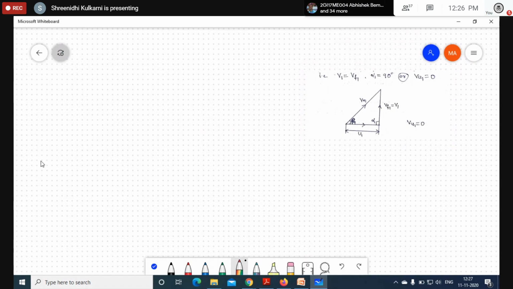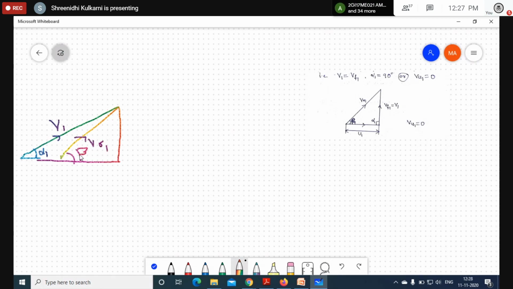Initially I'm going to draw the velocity triangle here. This is the reference velocity triangle at inlet. This is alpha 1 with respect to absolute velocity V1, this is the relative velocity VR1 with angle beta 1, and this is the flow velocity VF1.